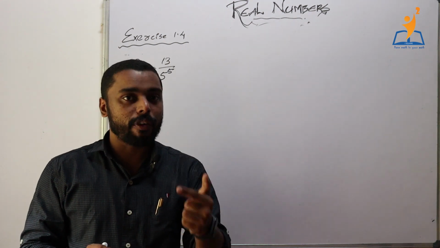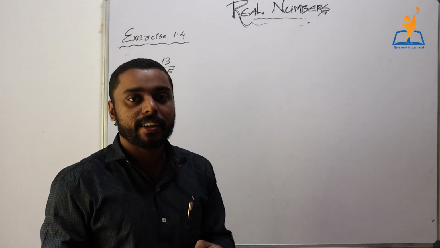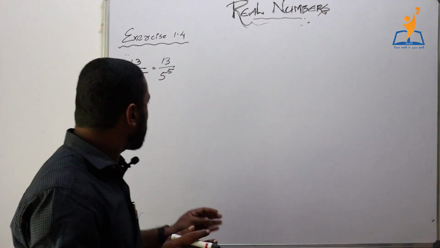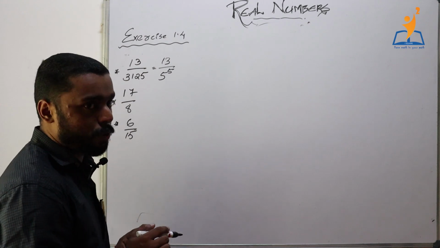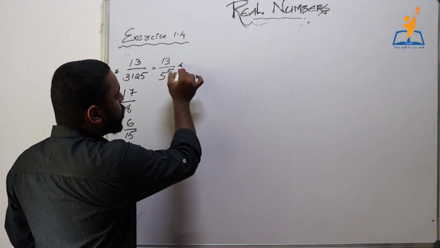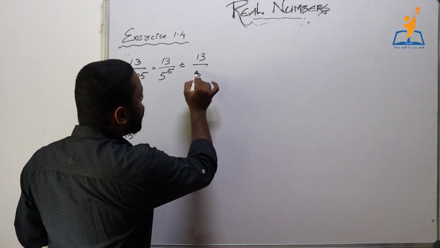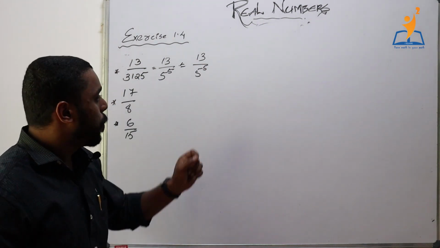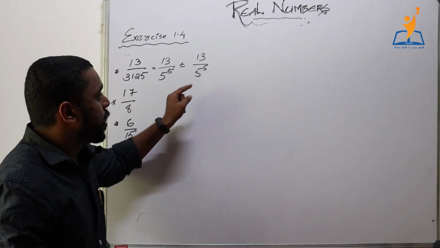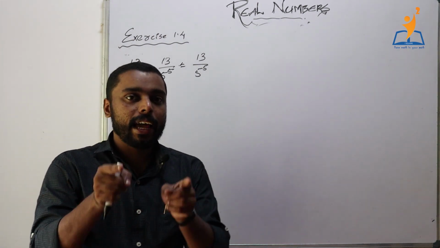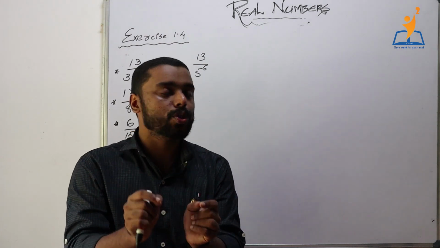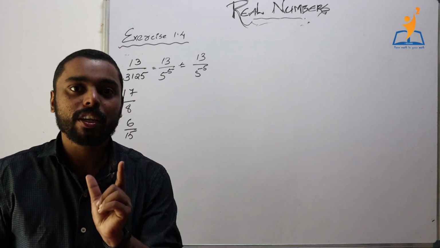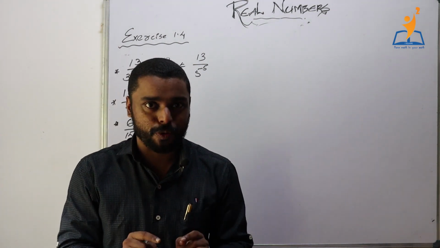Because when we calculate the prime factorization of 3125, we can easily see that 3125 is nothing but 5 raised to 5. Now we are going to multiply the numerator and denominator of this fraction by 2 raised to 5. Why? Because we already have 5 raised to 5. If we multiply the entire fraction by 2 raised to 5, then the denominator will be 2 raised to 5 into 5 raised to 5, which is 10 raised to 5, right?